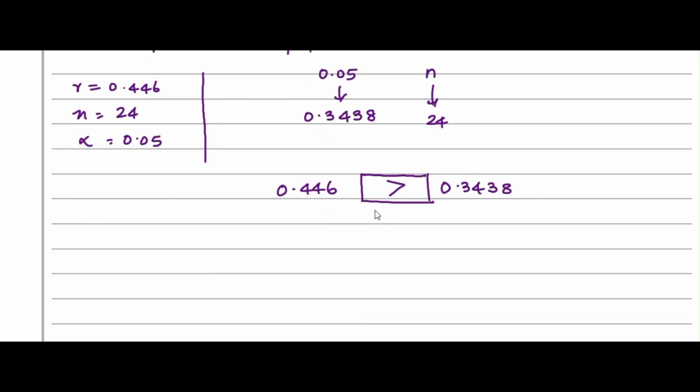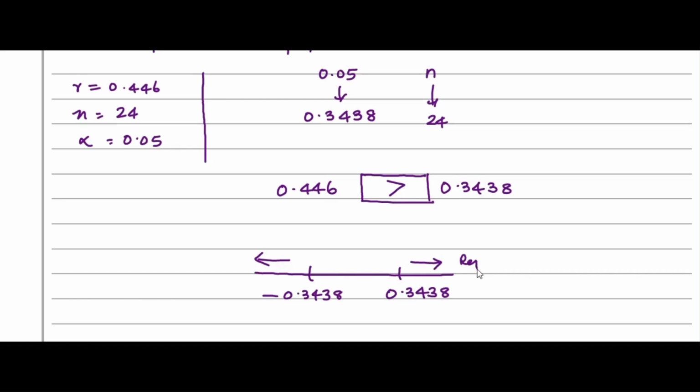Now, to check whether this is in the acceptance or rejection region, I would suggest you draw this sort of number line and say 0.3438 on this side and minus 0.3438 on this side. And now any value of R which is less than this minus 0.3438 will be a rejection case, and any value greater than plus 0.3438 is also rejection.